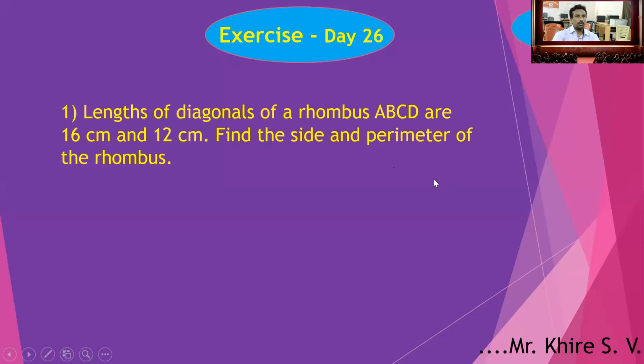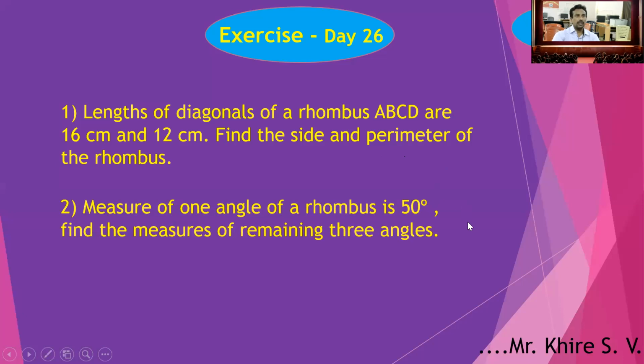Lengths of diagonals of rhombus ABCD are 16 cm and 12 cm. Find the side and perimeter of the rhombus. Lengths of both the diagonals are given, 16 and 12 cm. You have to find the side of the rhombus first and then find the perimeter. You can find the side of the rhombus by using the Pythagoras theorem, and by adding all the sides we get the perimeter of the rhombus.